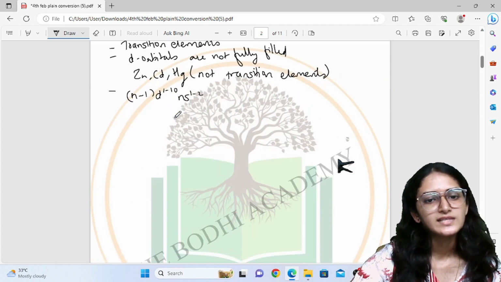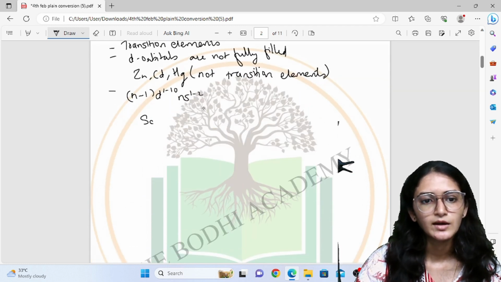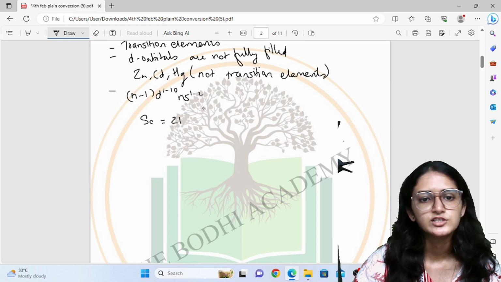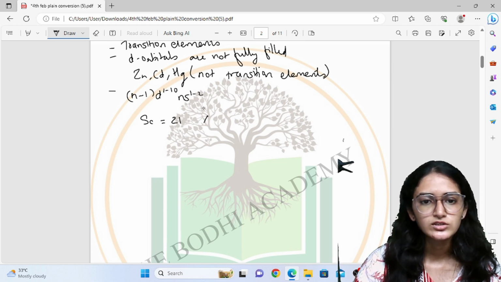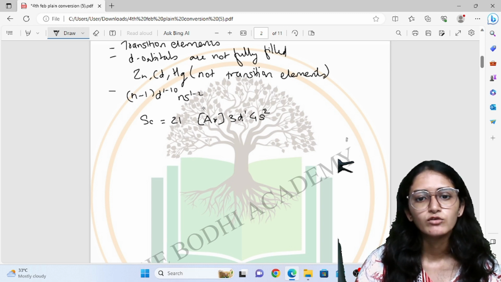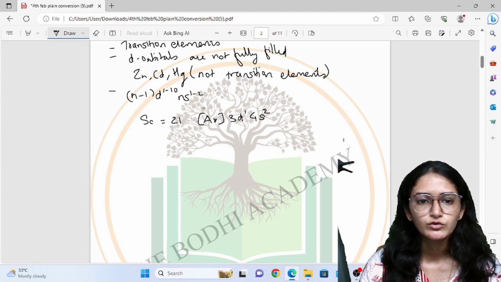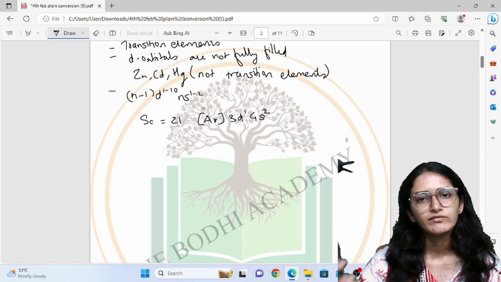If we start from scandium, the first D block element, its atomic number is 21, and the configuration is argon 3d1, 4s2. According to the filling of orbitals, the 4s2 gets filled first and later on d gets filled. So 3d1, 4s2 for scandium, and accordingly we have all the configurations from scandium to zinc.